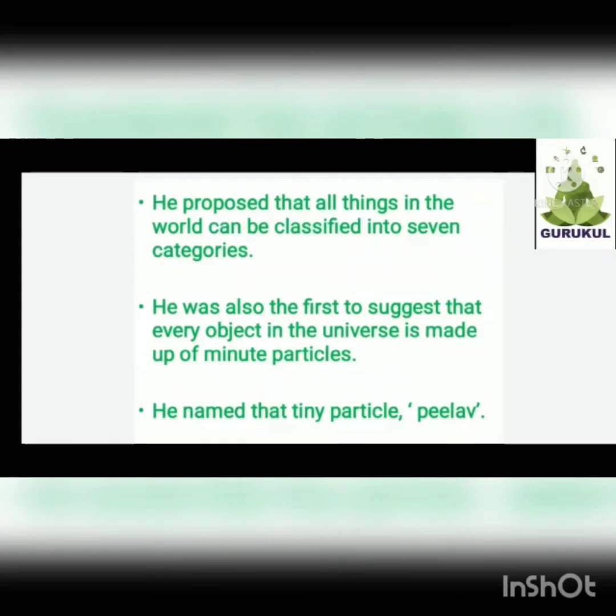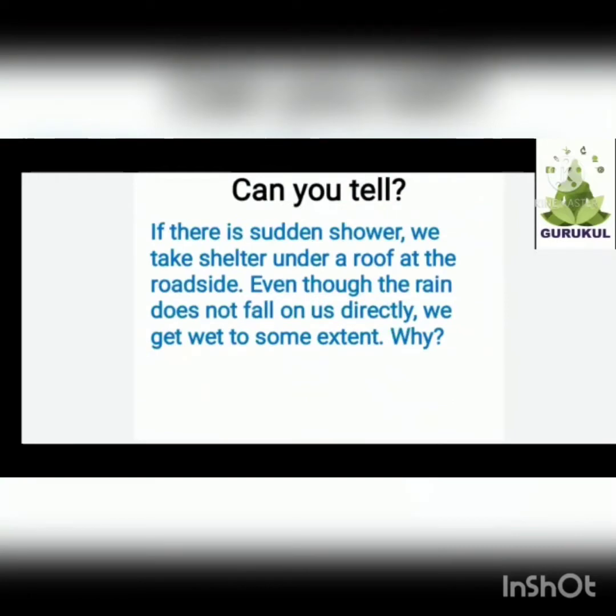So, who discovered this theory? Kanad Maharshi. Okay, understood right now? Now, next point, can you tell? If there is a sudden shower, we take shelter under a roof at the roadside.